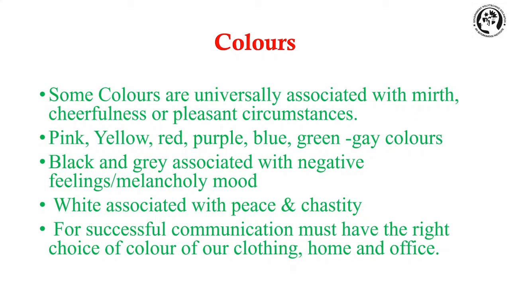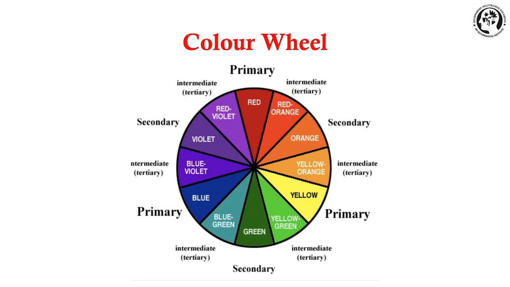White color is associated with peace, chastity, and purity. For successful communication, we must have the right choice of color, especially of our clothing, home, and office. Here is the color wheel showing primary and secondary colors.